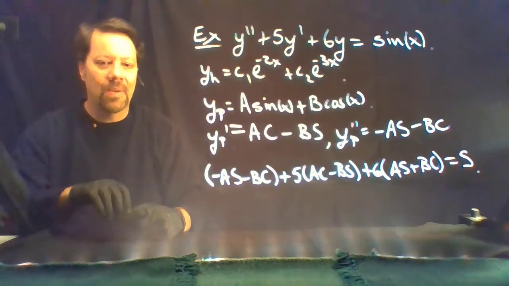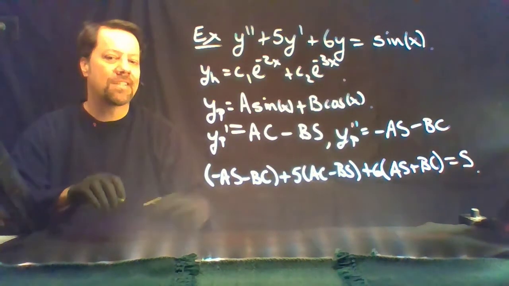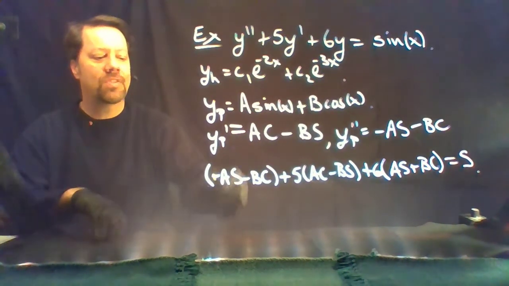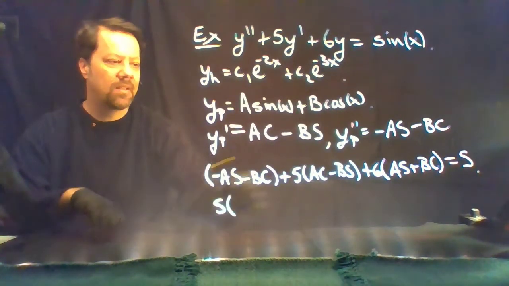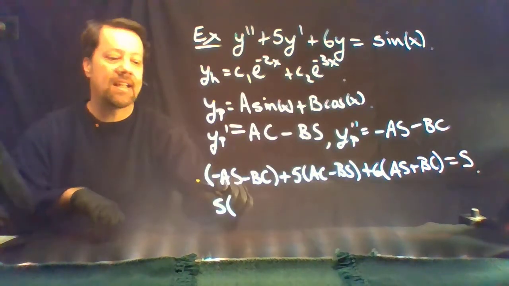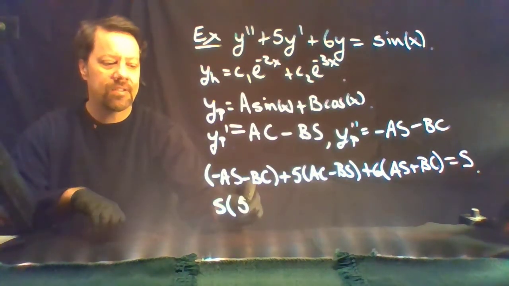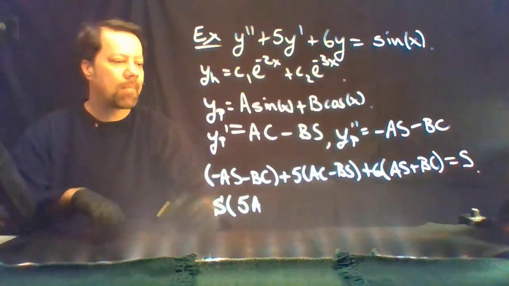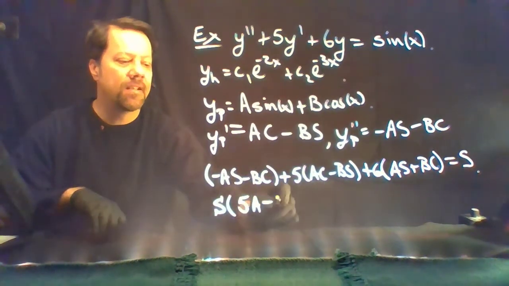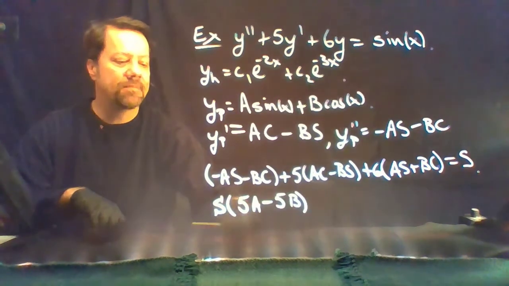To solve this equation, we need to collect coefficients of sine and coefficients of cosine separately. So what are the coefficients of sine? Well, we'll have a 6a sine and a negative a sine. So that's a 5a times our sine function here. But we also get a minus 5b sine.